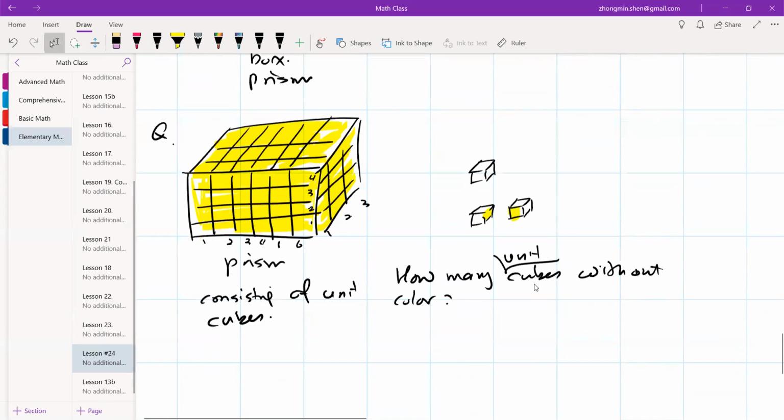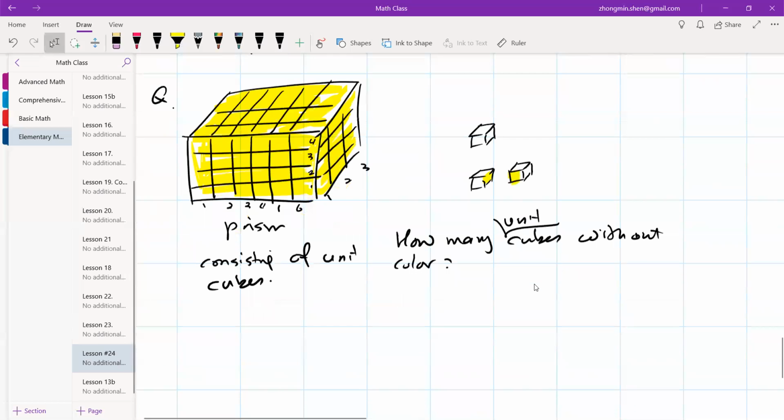So you just need to count those inside. Think about removing all the cubes on the outside. What is inside? If you draw the picture, on this side you only get 2 horizontally, and here you get 1, 2, 3, 4, and on the other side you only get this layer.